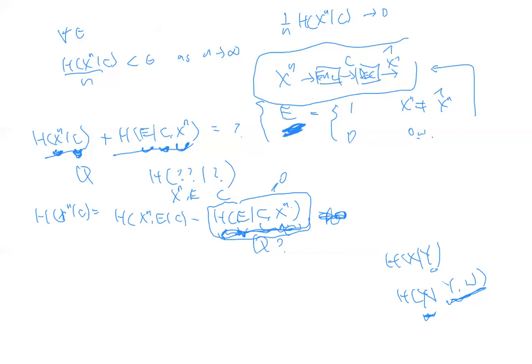Whenever you are given variables and this thing is just a deterministic function of them, then this conditional entropy just has to be 0, because the variable of interest is known. It becomes deterministic, so there's no remaining information. Therefore, in this case, H(E given C, xn) is just equal to 0.